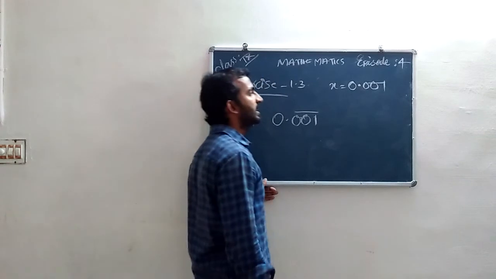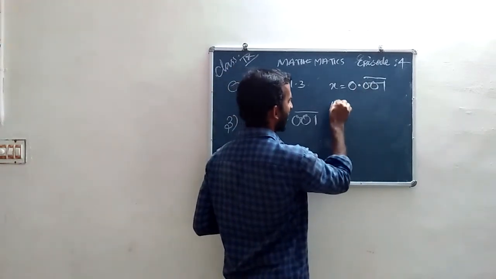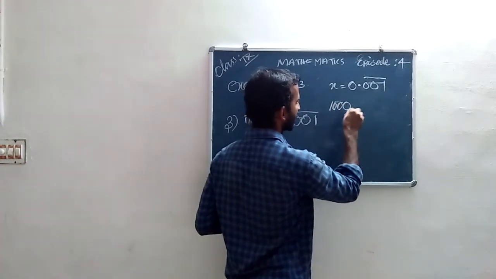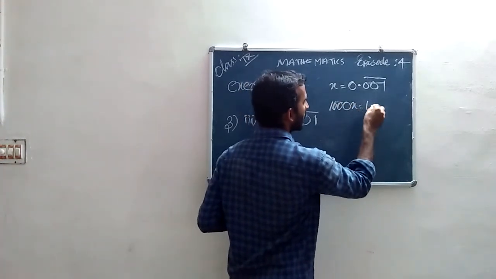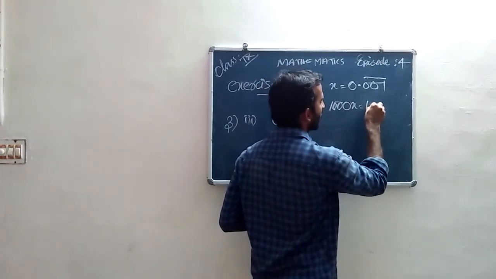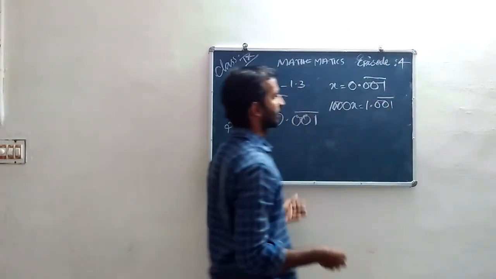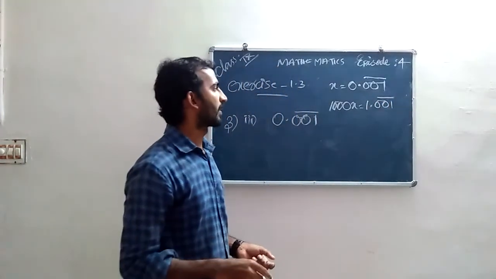Here 3 digits are repeating, so we can write 1000x equal to 1.001 bar.